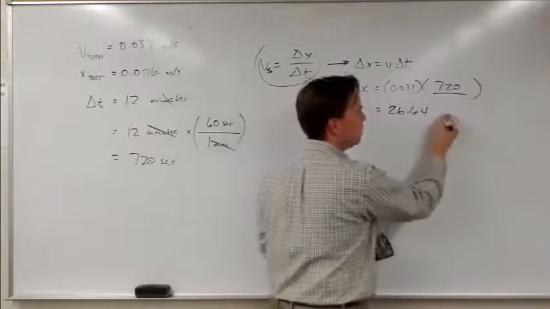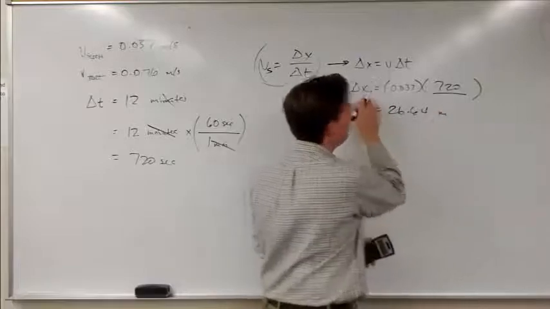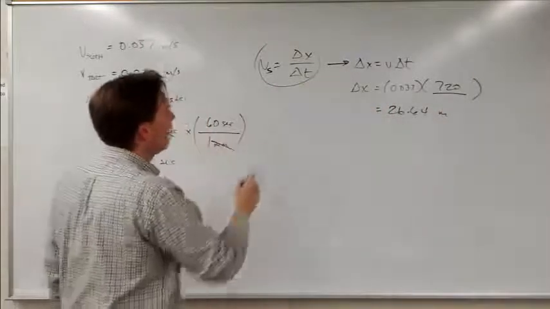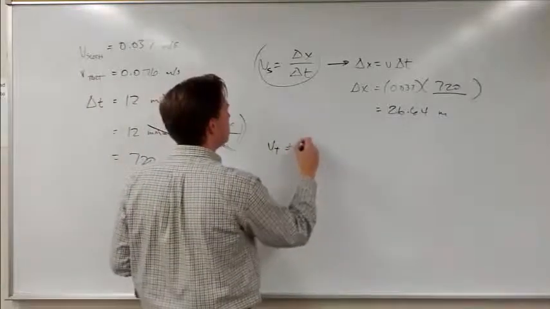So what is this? Meters per second? Kilograms? Meters, right? Because we're talking about a distance. All right, so that's how far the sloth goes. What about the tortoise? So, same trick.